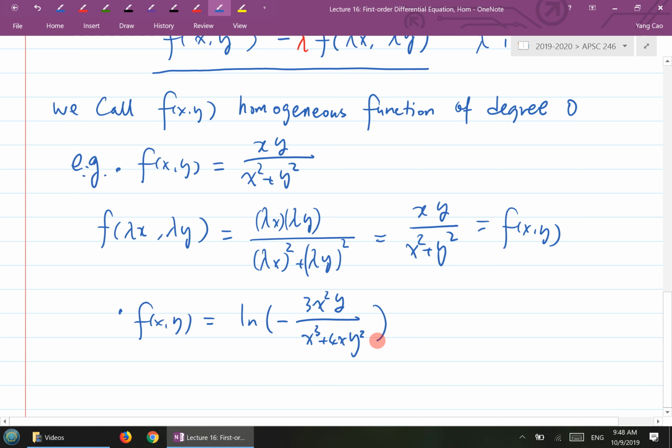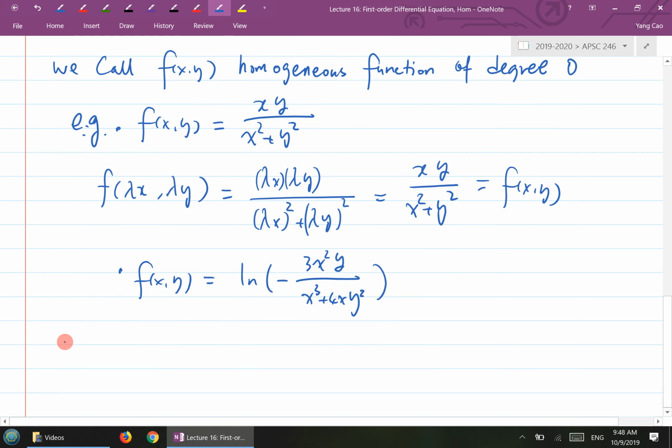And it's not going to be a linear differential equation, but you can verify. Okay, I want you to verify yourself. If you replace your x and y with lambda x, lambda y, it is the same as f(x, y). So again, this is a homogeneous function of degree 0.